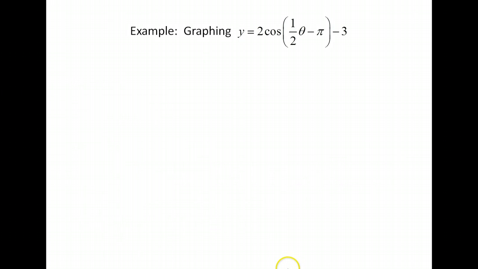Okay, let's start with this function. Now, I decided to choose a cosine function, and as you can tell from our discussions in class, you have all of the components in here, the four necessary pieces of information that will help you graph this curve. And as a quick reminder, we have this leading coefficient, which we often refer to with a capital letter A or a lowercase letter a.